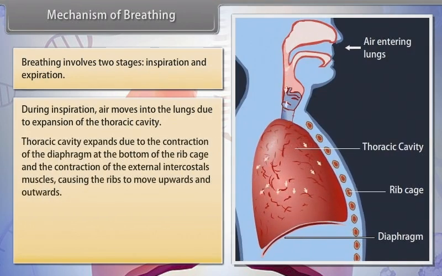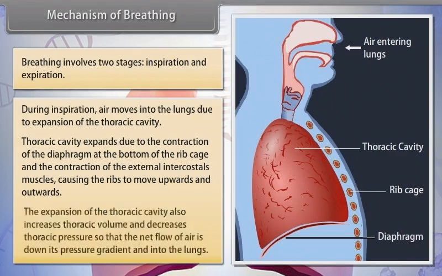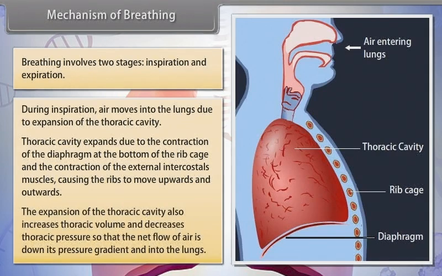The thoracic cavity expands due to the contraction of the diaphragm at the bottom of the rib cage and the contraction of the external intercostal muscles, causing the ribs to move upwards and outwards. The expansion of the thoracic cavity also increases thoracic volume and decreases thoracic pressure, so that the net flow of air is down its pressure gradient and into the lungs.